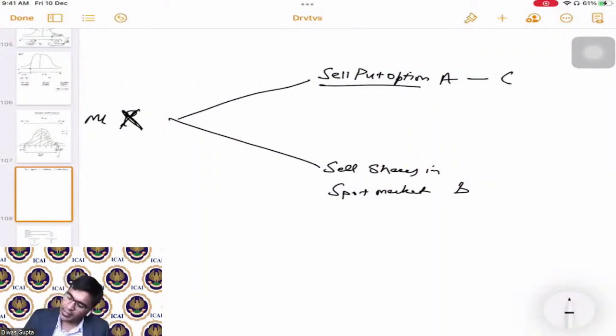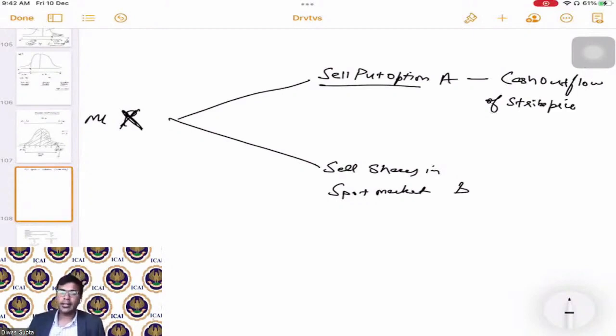So this will involve the cash outflow of the strike price, and this will involve the cash inflow currently, because once you short sell the shares in the spot market, there will be a cash inflow of the spot price.